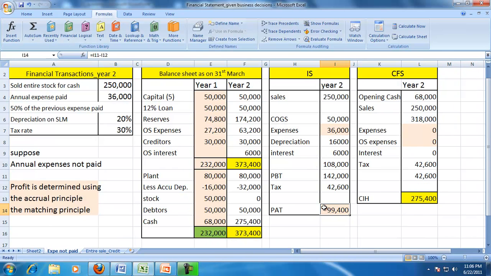So that means the profit is not changing even if the expenses are not paid, because the profit is determined by using the accrual principle and the matching principle. However, the cash in hand is changing because the receipts are same and the payments are less, so cash in hand is changing.